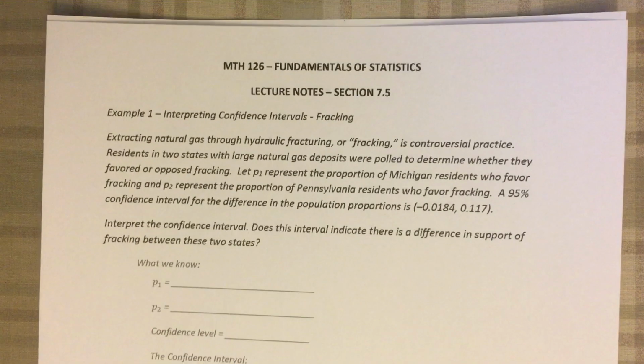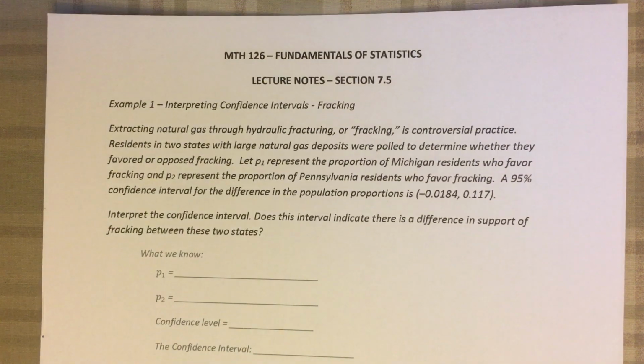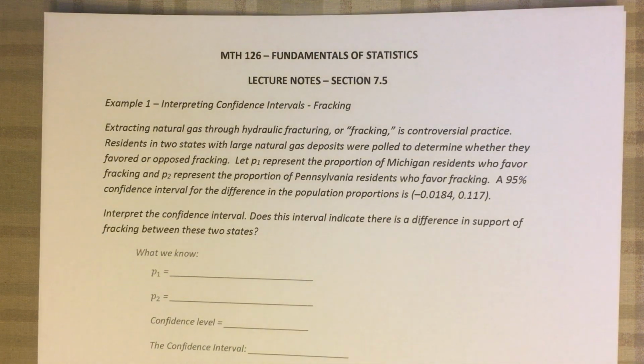All right, so we're going to start with a couple of basic interpretation questions based on our two proportion confidence intervals. And after we work through a couple and talk more about our interpretations, we will also work through our process for finding these intervals. Extracting natural gas through hydraulic fracturing, or fracking, is a controversial practice.